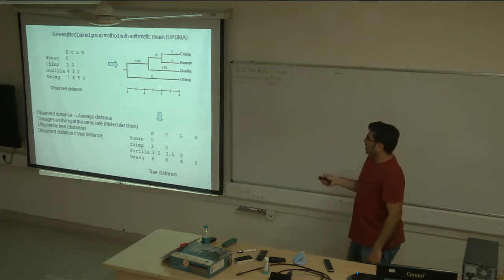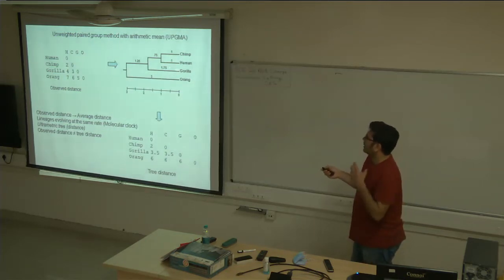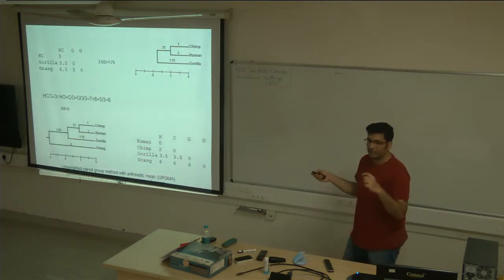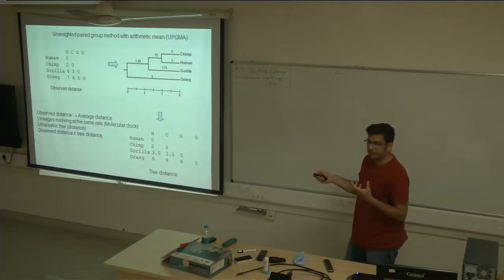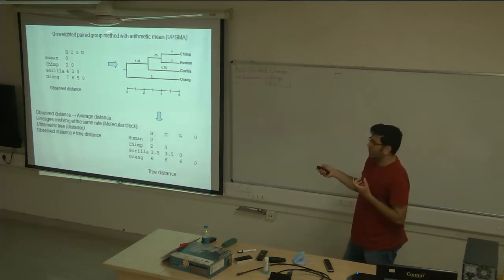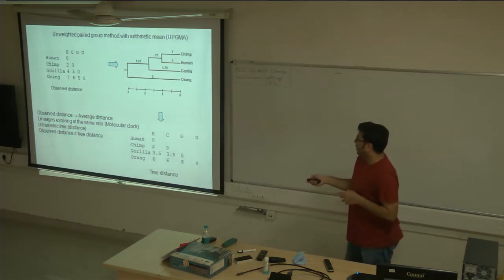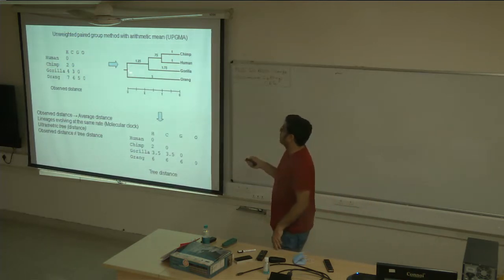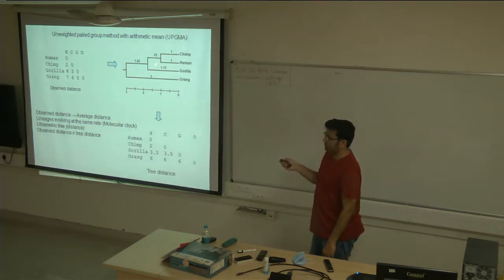When you start building these trees, you take pairs of taxa and build these trees, and that's where the paired group method component of UPGMA comes from. Then you take the distance and take the mean of that, and that's where the arithmetic mean component of UPGMA comes from. The UPGMA tree will always give you an ultrametric tree, and it always gives you a rooted tree.